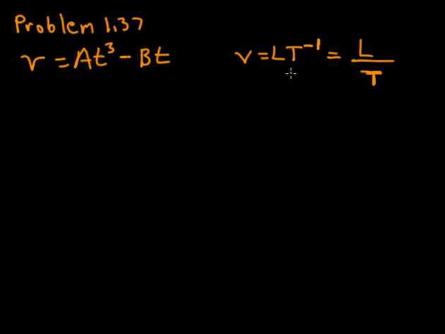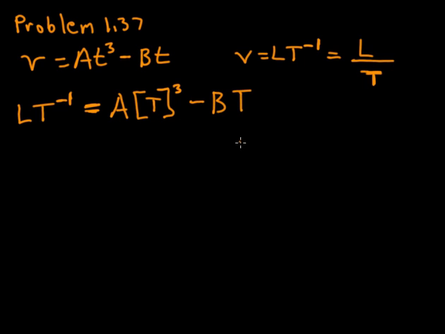Now, if I have dimensions on the left-hand side of L T minus 1, the dimensions on the right-hand side also have to equal L T minus 1. So I have to replace my t units with my t dimensions, and so I have A t cubed minus B t.